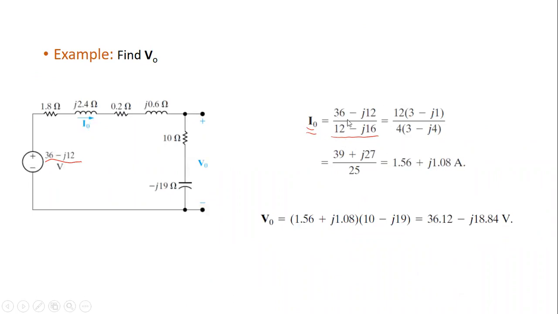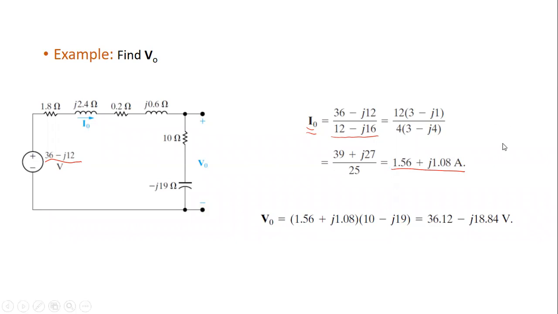Here you can take 4 as a common factor, 4 at the bottom and 12 at the top. Then you can simplify the operation: 12 divided by 4 is 3. Then you can divide these numbers, and here is the final result, which is the current.